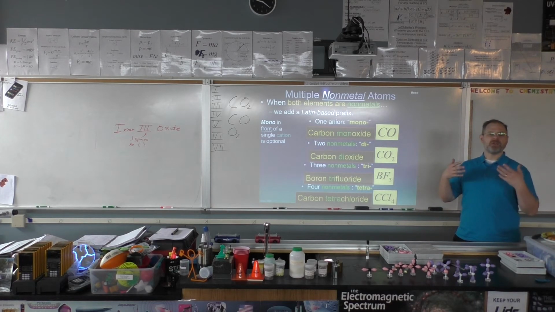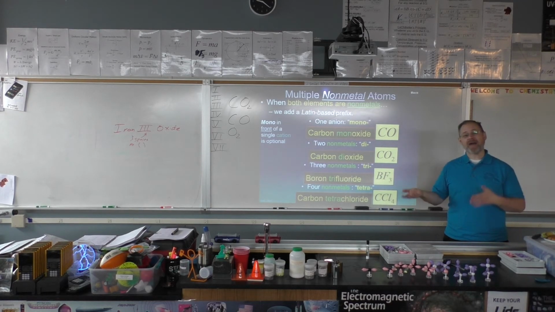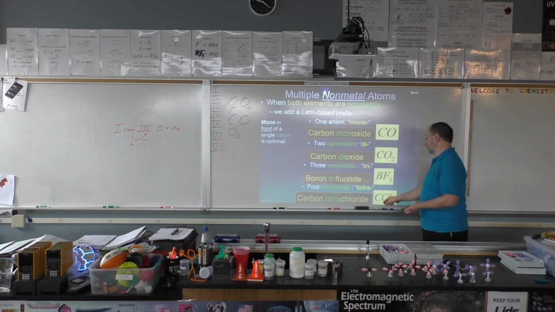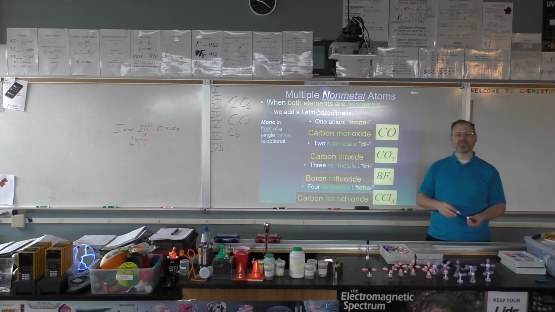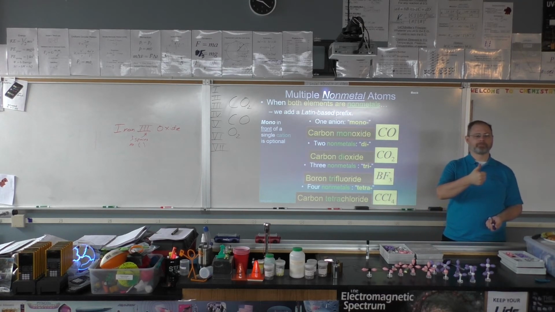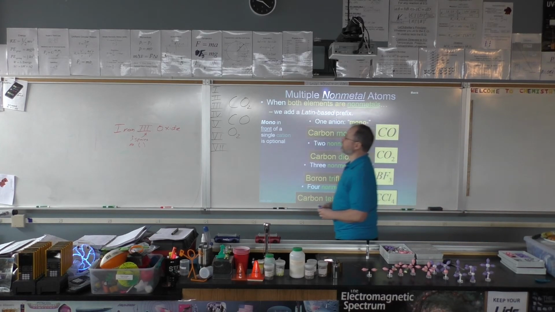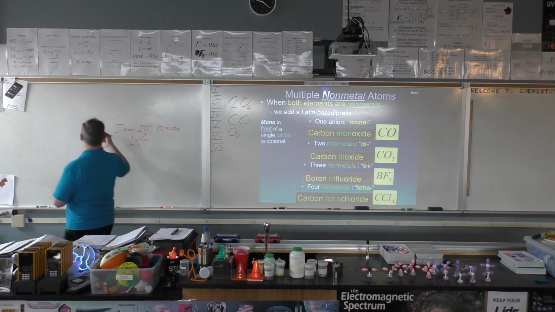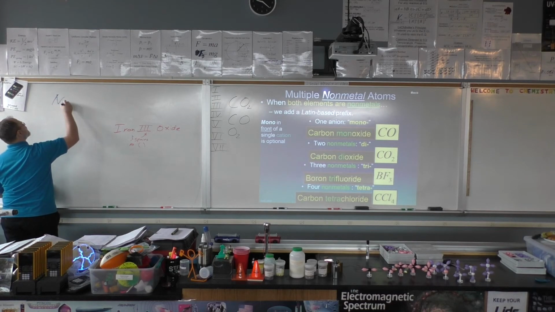So if you have something in the front, the mon is optional when there's 1. So far, so good? Okay. If you understand the pattern, give me a thumbs up. All right. And if you understand the pattern, then what is this?